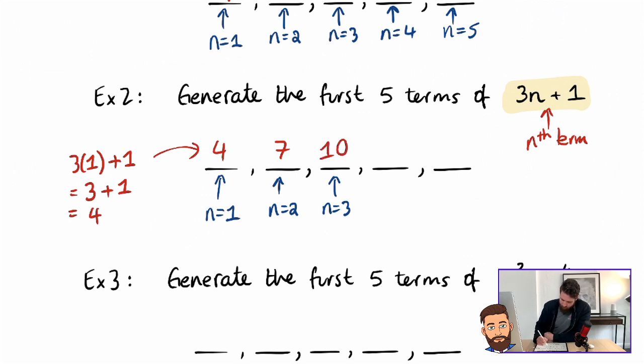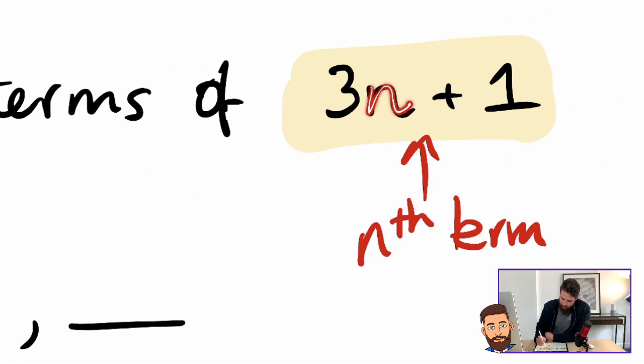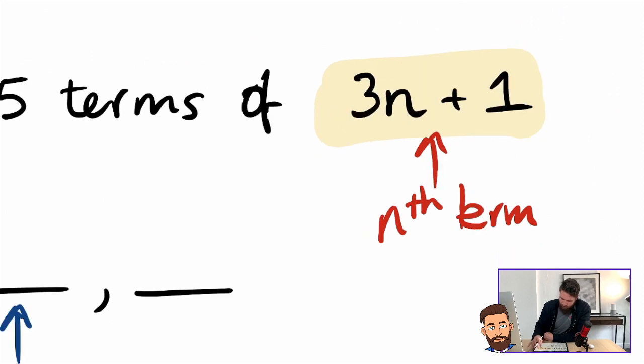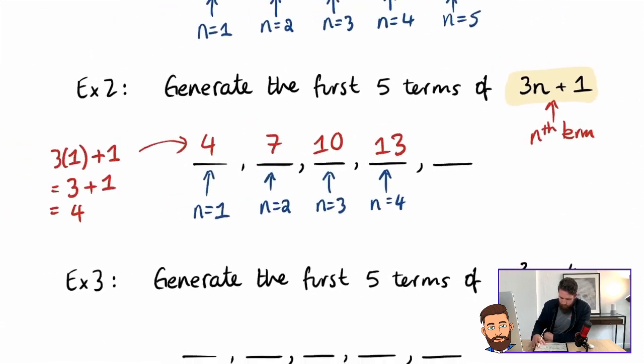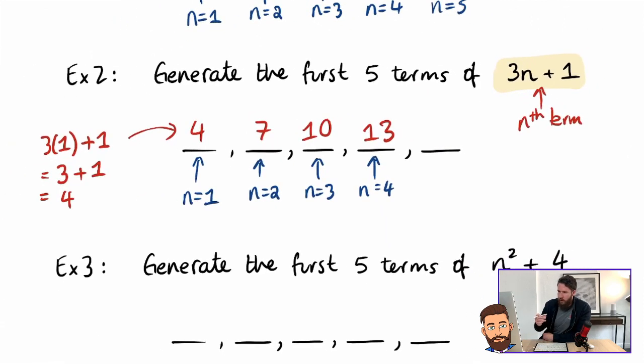N is 4 for the fourth term. Same thing, and hopefully you can see what's happening. We're going to replace this n with 4, so we're going to do 3 times 4, which is 12, plus 1 is 13. So that would be 13. And at this point, a lot of students, they're like, I can see what's happening.